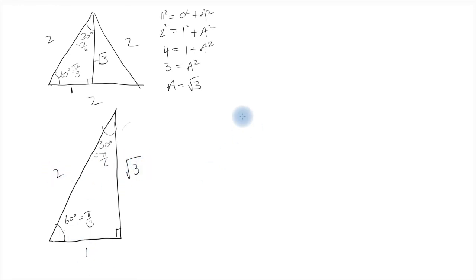So now we can say that sine of, let's do the 30 degrees one first, pi on 6, opposite over hypotenuse, 1 over 2, half. Now cosine pi over 6, well, that's adjacent over hypotenuse, so that's root 3 on 2.